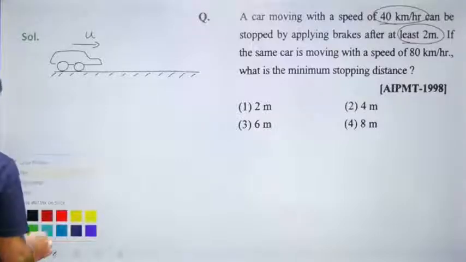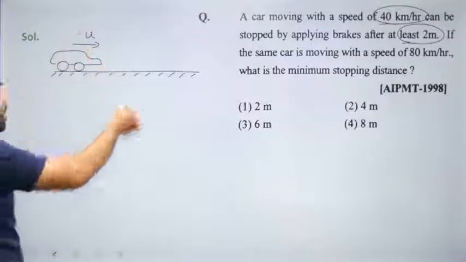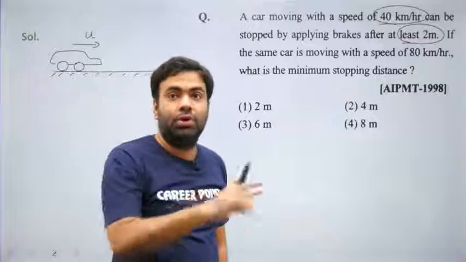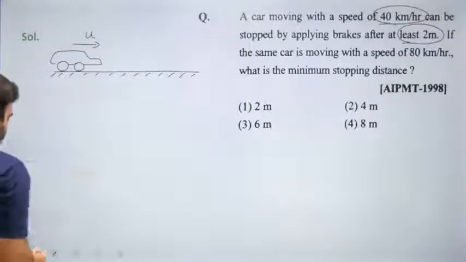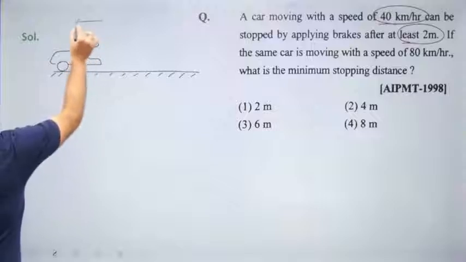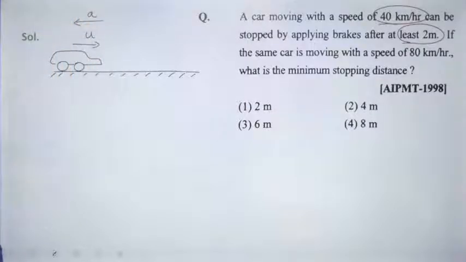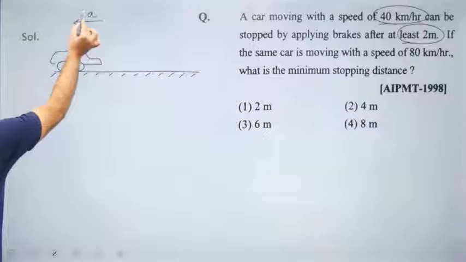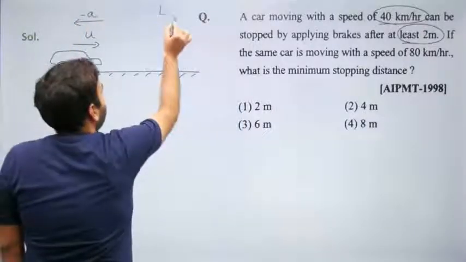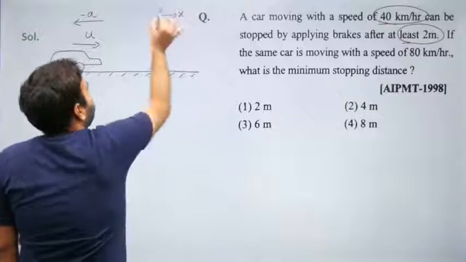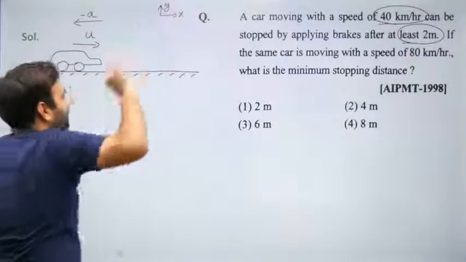Suppose this is the instant, speed is u at the instant when the brakes were applied. So the brakes were applied and it got an acceleration in this direction, A. We can say acceleration is negative because it is opposite to the velocity. We are again taking these sign conventions: right hand side is positive, left hand side is negative. Upward is positive, downward is negative.